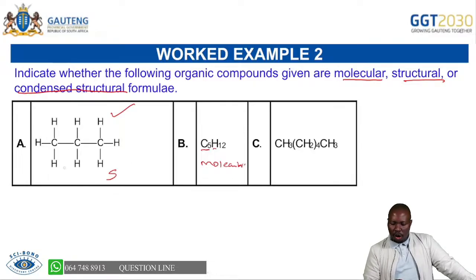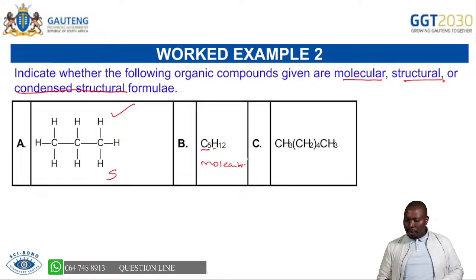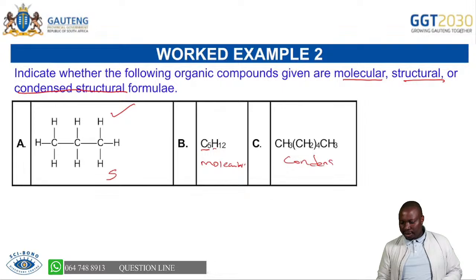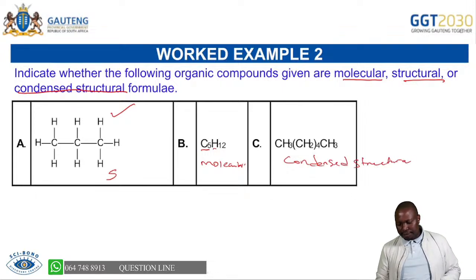This one shows all the bonds. This one, you see now, doesn't show all the bonds. From structural, it now only shows CH3, CH2. So we'll say this one is condensed. It's still a structural formula, but we call it condensed structural formula.